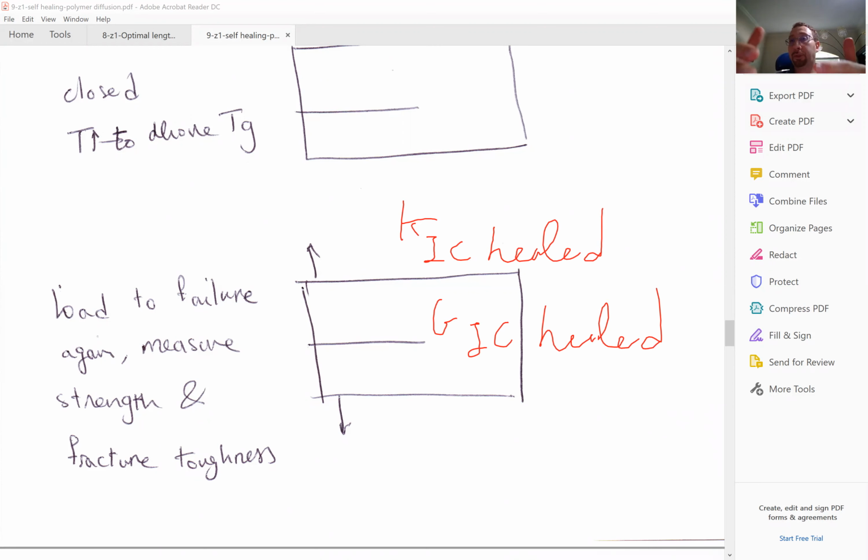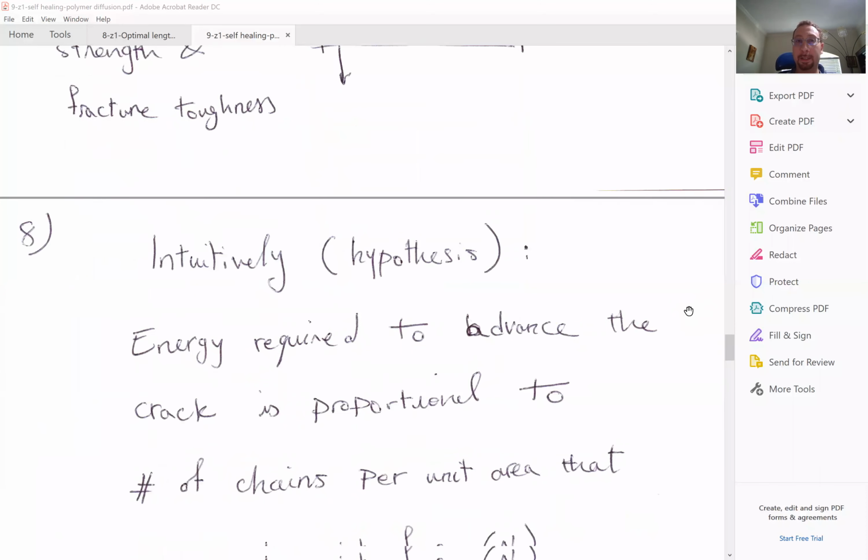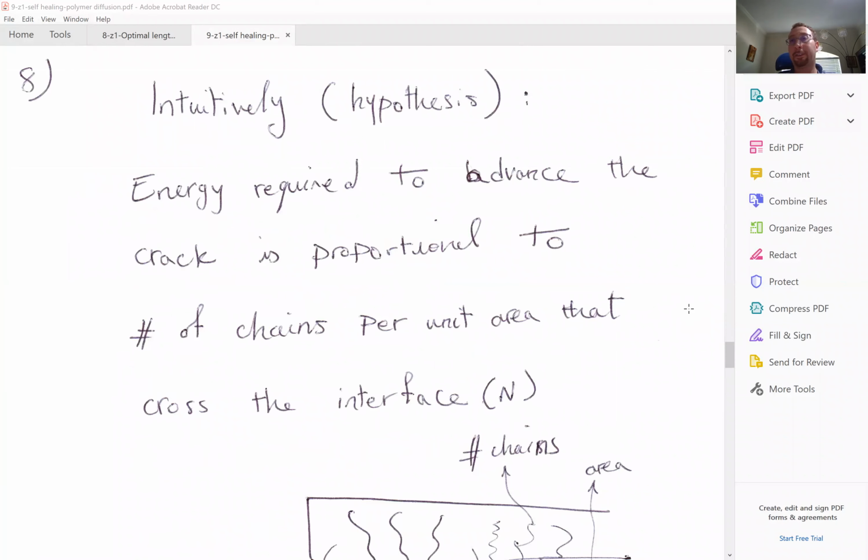So now we have the two things we need to calculate the self-healing efficiency and everything. So now with that in mind, I want to focus the rest of this discussion on intrinsic self-healing, which I will start in the subsequent video.